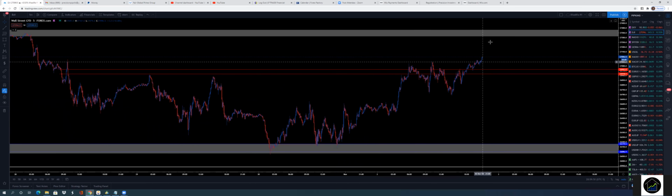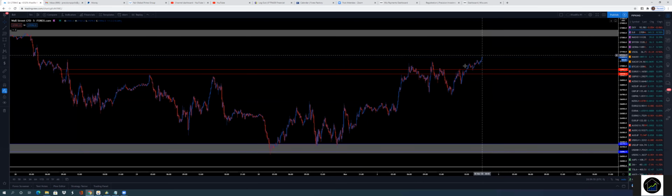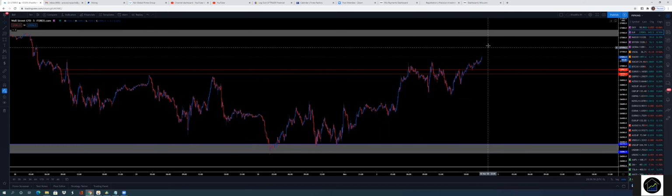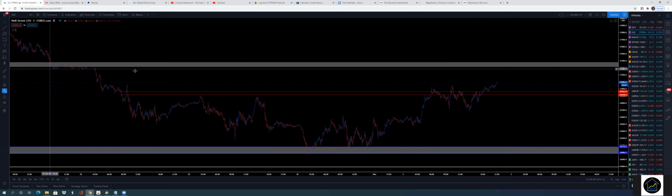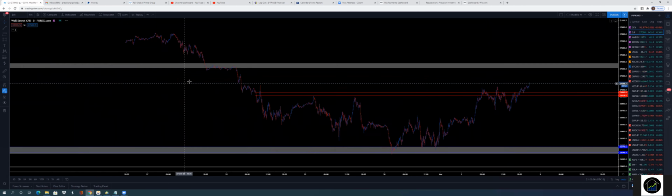So with that being said, we'll see how Euro USD, I'm sorry, US 30 react when it gets up here to this price. It might not even get all the way up there, but I do think it's gonna come up and take out that liquidity.